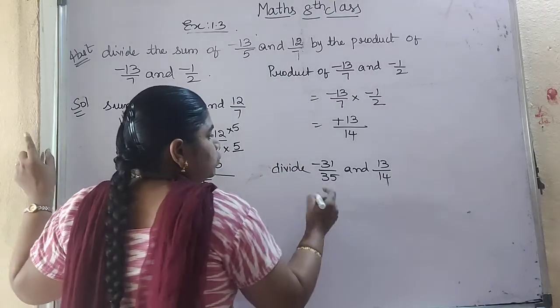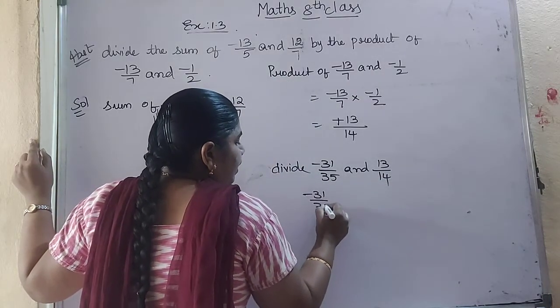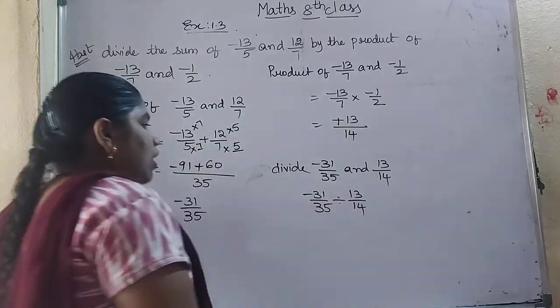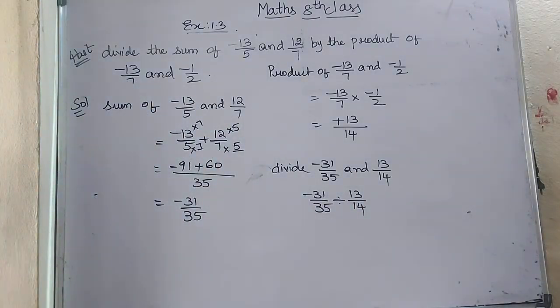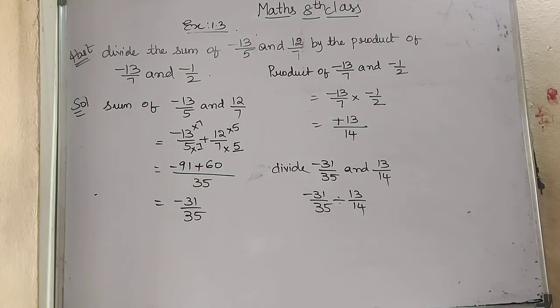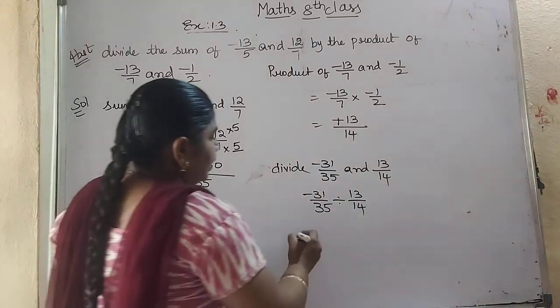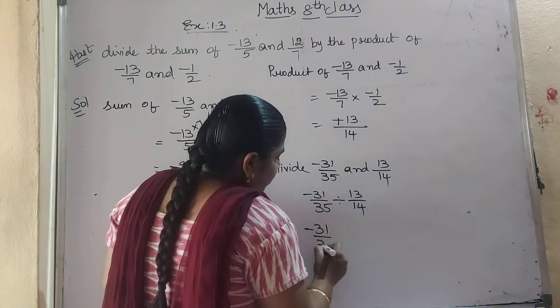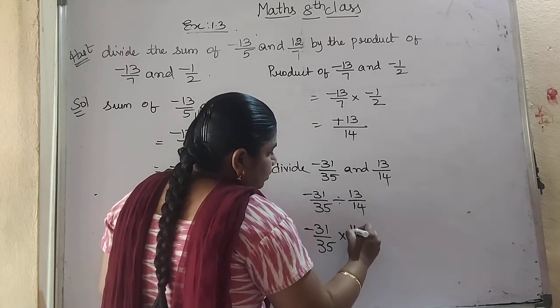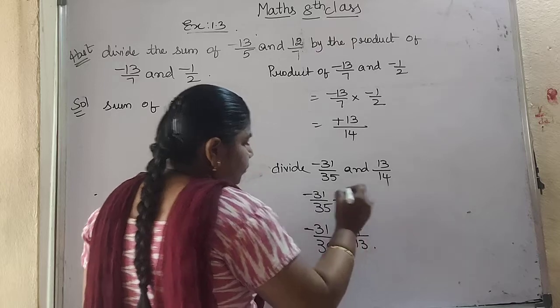Minus 31 by 35 divided by 13 by 14. How to divide two rational numbers? The second rational number will be reciprocal, and the division symbol will be converted into a multiplication symbol. So that will be minus 31 by 35 into 14 by 13.